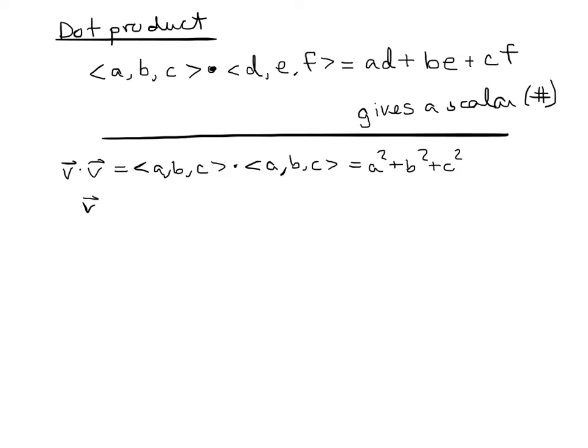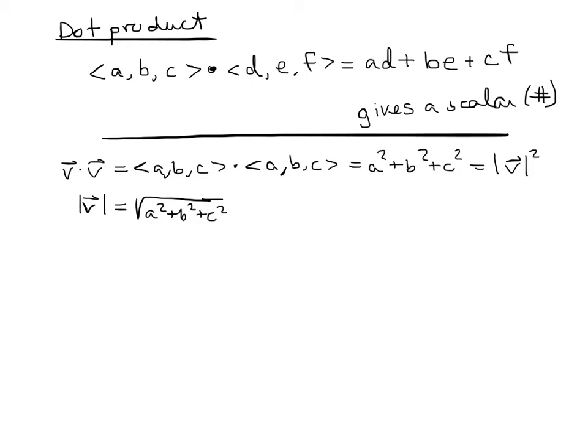And the magnitude of that vector V would have been the square root of A squared plus B squared plus C squared. Remember from the last video, I showed you how to find magnitude. It uses the Pythagorean theorem. And so notice that if you take V and dot it with itself, you get the magnitude of that vector squared.